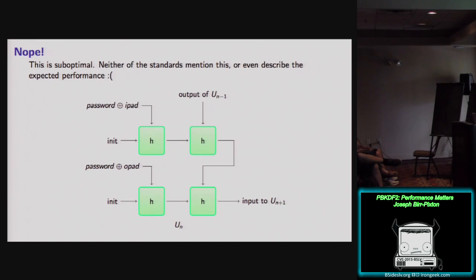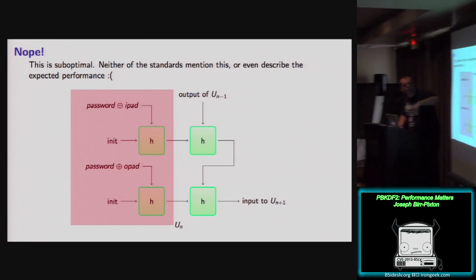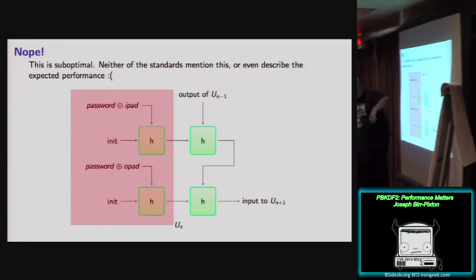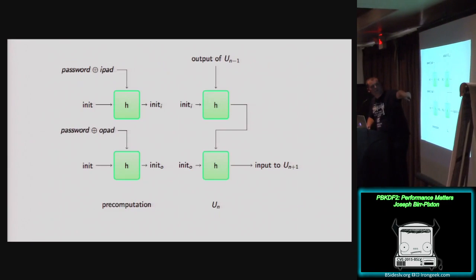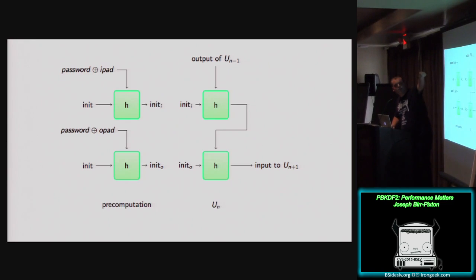There doesn't seem to be a lot of documentation otherwise that tells people that they should be paying attention to this. The problem is that these two compression function applications don't have any data dependency to the others, and therefore you do those two first as a pre-computation, and then per iteration you only need to do these two.